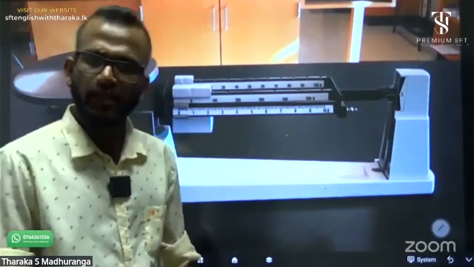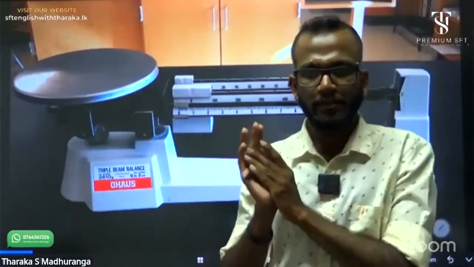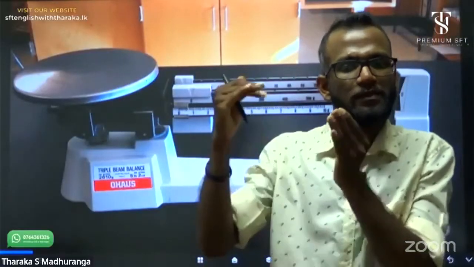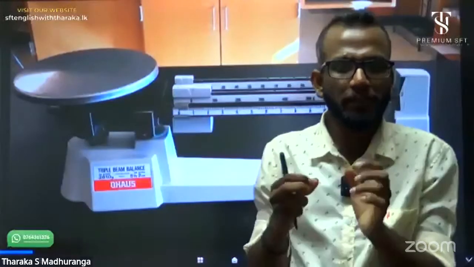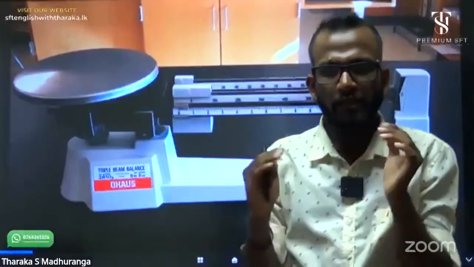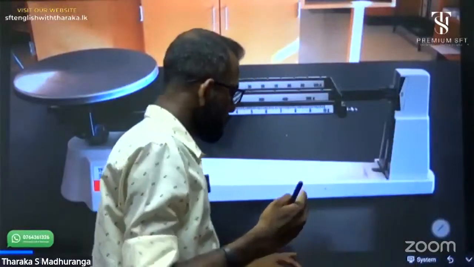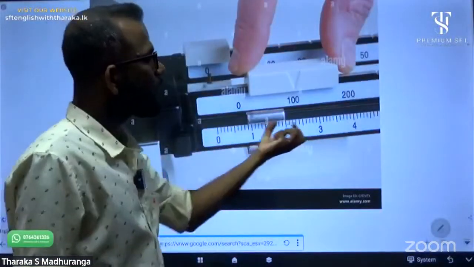Very good, Hashim. Others, think. Now I explained about all the beams. Think about the beams and the calibration of the beams, and find the least count of the triple beam balance.